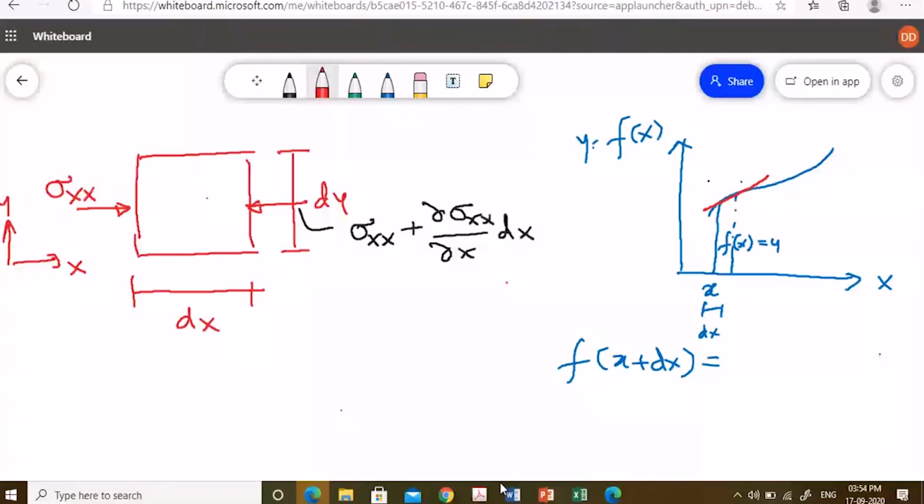So if I draw a tangent here at this point, and then let's say this tangent is dy dx, right? And then if this is dx, so what will be this dy? This will be dy dx into dx, because this is dx.